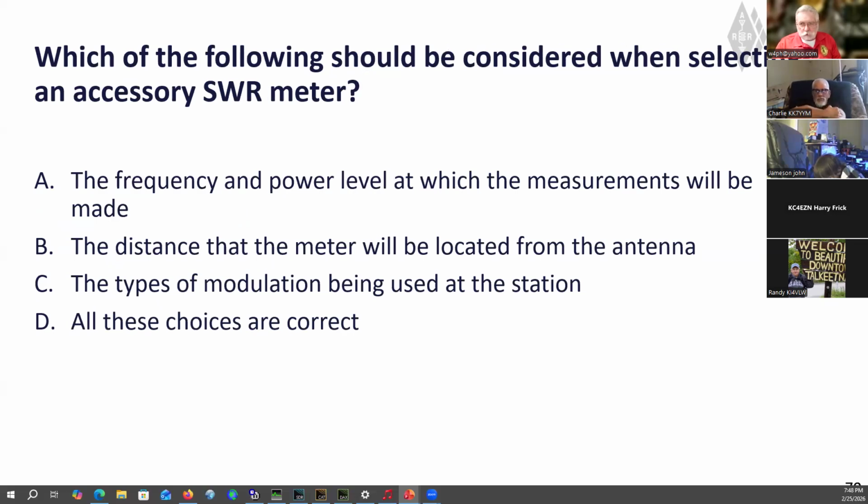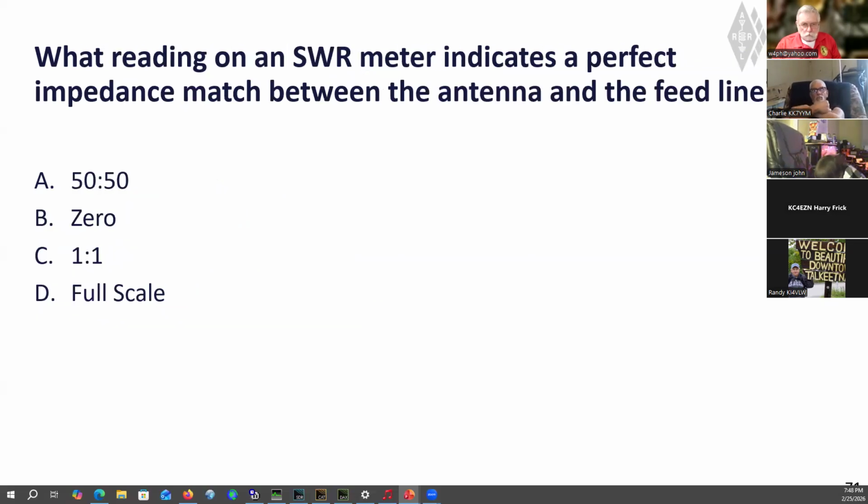Which of the following should be considered when selecting an accessory SWR meter? And the frequency and power level at which the measurements will be made. What reading on an SWR meter indicates a perfect impedance match between the antenna and the feed line? That would be C, 1 to 1.